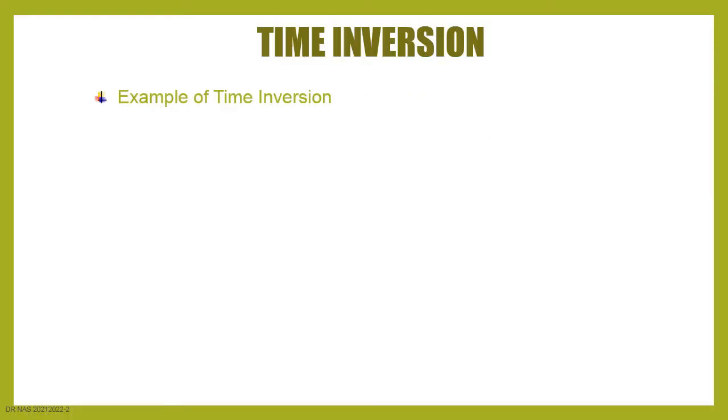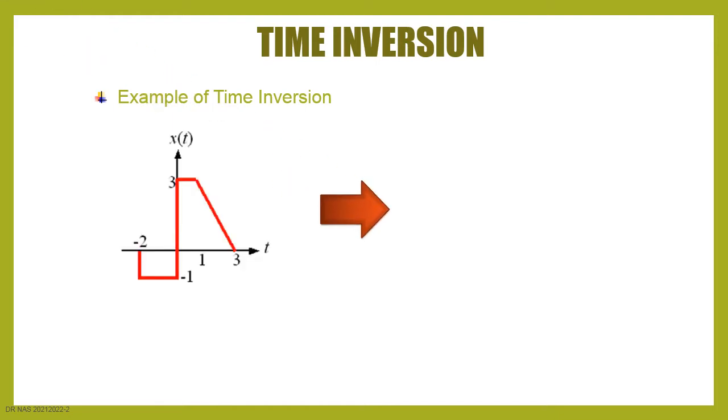Let's look at another example on time inversion. This is the original signal. What happens when you have a new signal y equal to x(minus t)? There's a negative inside the bracket, so it's a time-based operation. First draw the axis. All positive t become negative t and negative t become positive t.